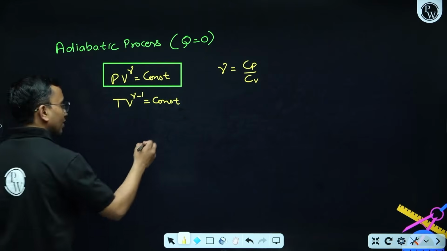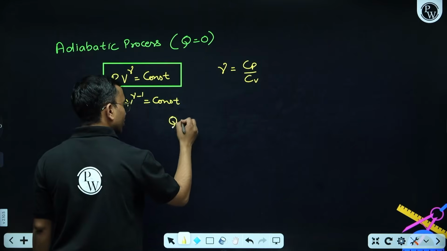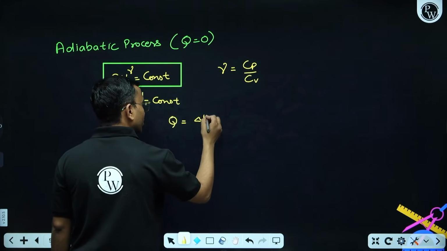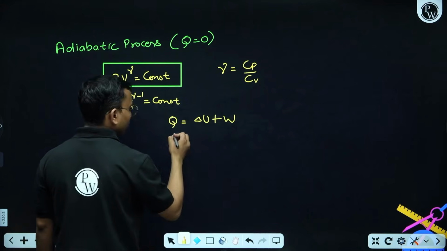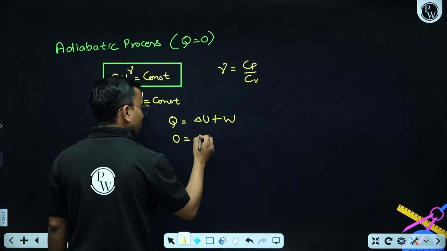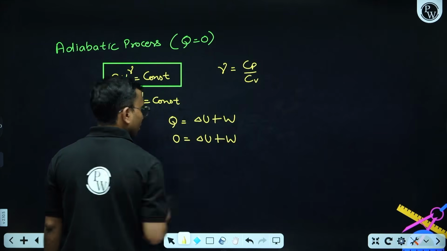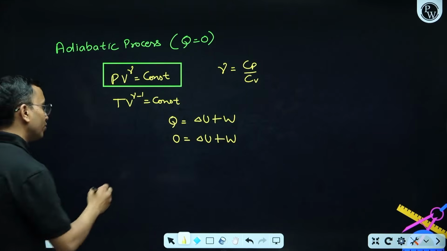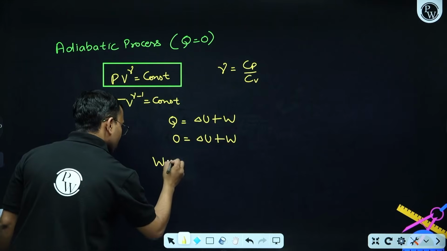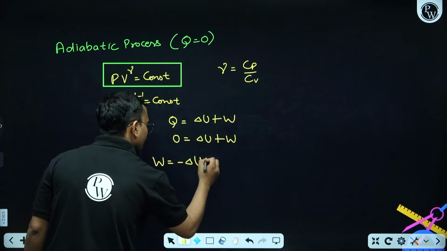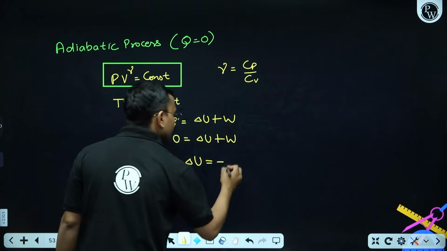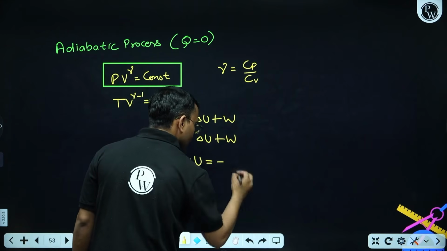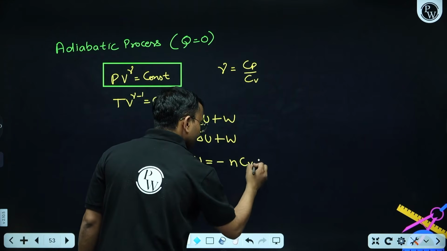We know that Q is equal to delta U plus W. If Q is 0, W is equal to minus delta U, and delta U is always nCv delta T, so W is minus nCv delta T.